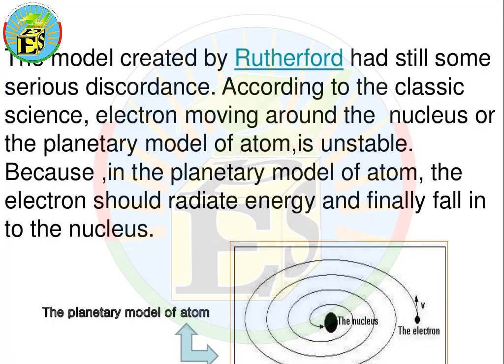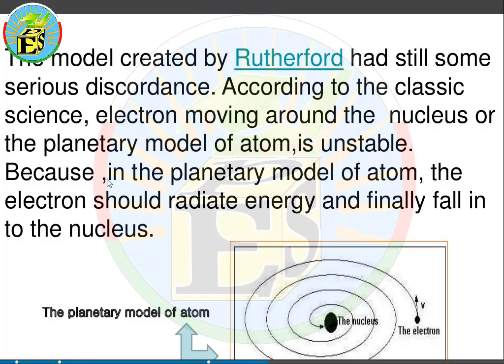The model created by Rutherford still had some serious discordance with classical science. According to classical science, electrons moving around the nucleus in the planetary model of an atom is unstable, because in the planetary model the electrons should radiate energy and finally fall into the nucleus.